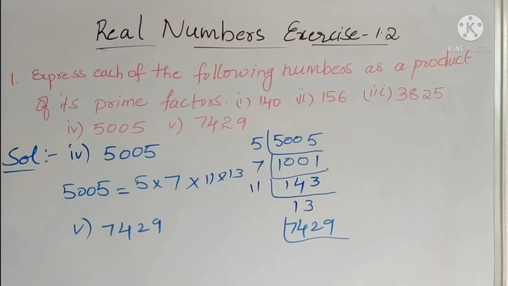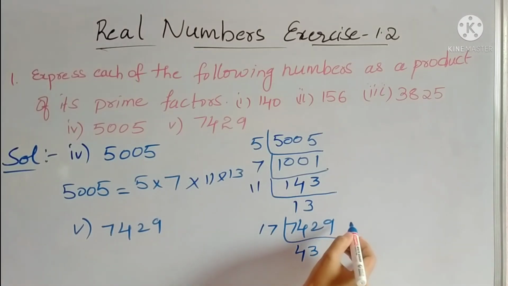Like that, if we check, it is divisible by 17, prime number, right? 17 fours are 68. So here the remainder is 2. Okay. Next 17 threes are 51. The remainder is 11. So here 119 will be there. So 17 sevens are 119. Okay.